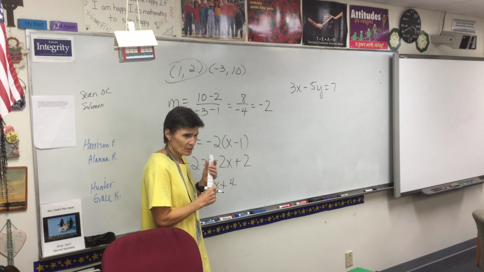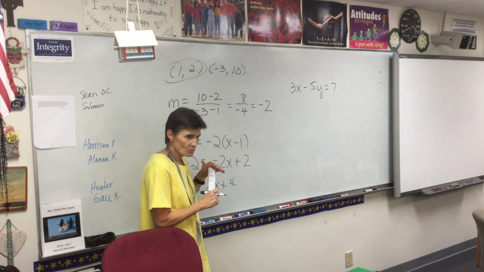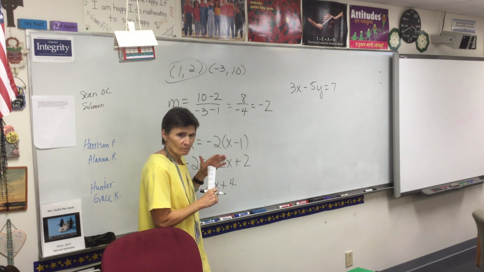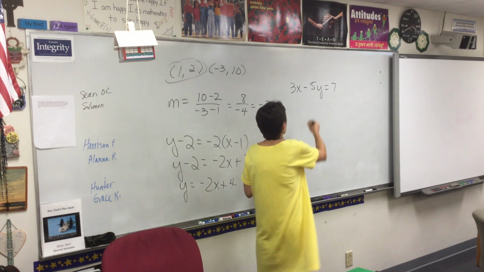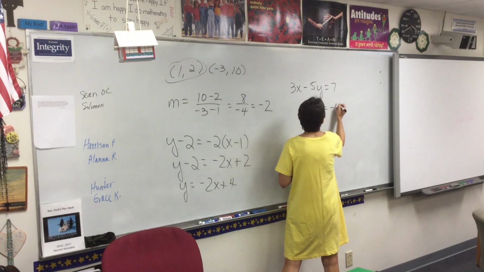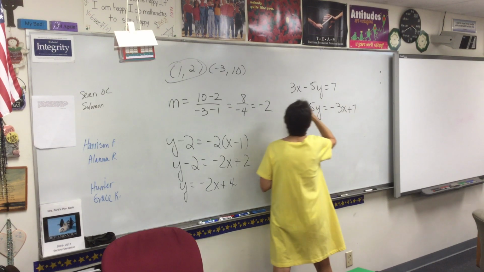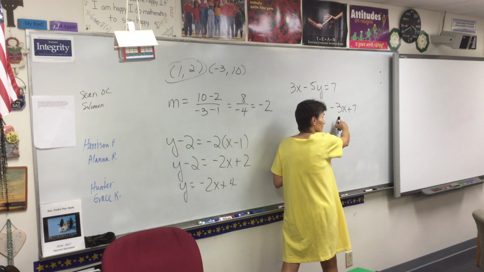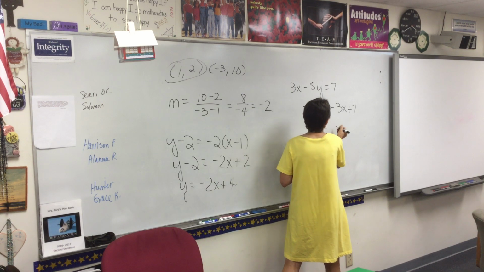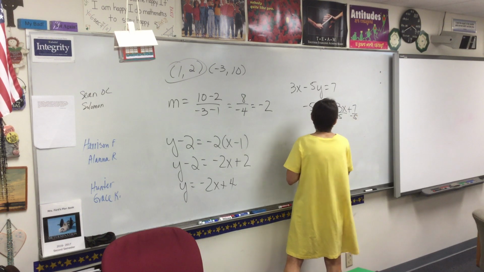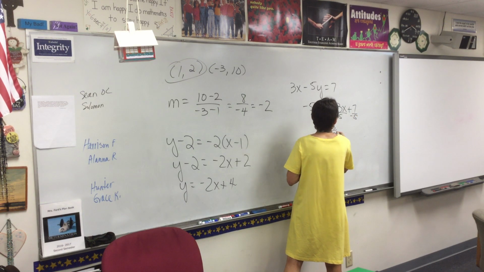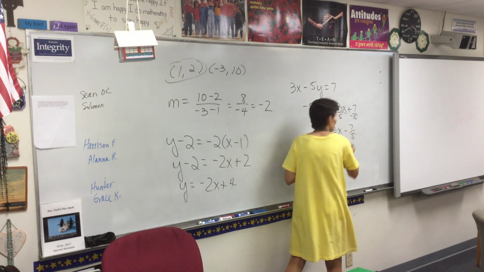So what did we say we were going to do? First we have to find the slope of this one by getting y by itself. Yes. So negative 5y equals negative 3x plus 7. So I'm moving the 3x over, Kayla. And then I'm going to divide by negative 5. So y will equal 3/5 x minus 7/5.